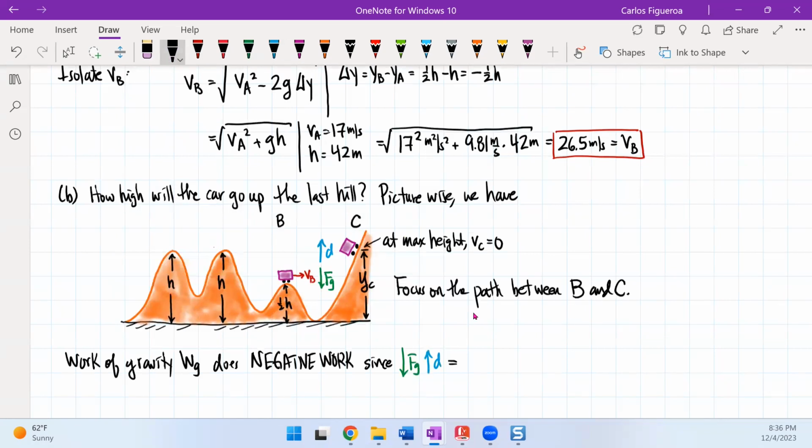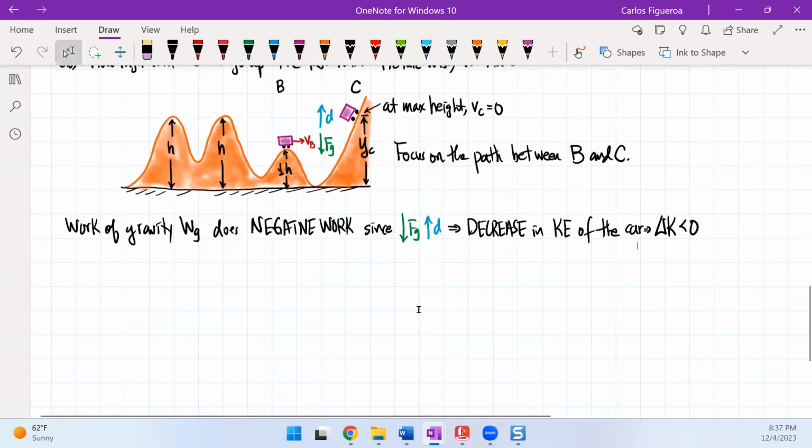That immediately tells us that there's a decrease in kinetic energy of the car, which then tells us that the change in kinetic energy has to be less than 0. So if I look at my bar diagram, it should look something like this.